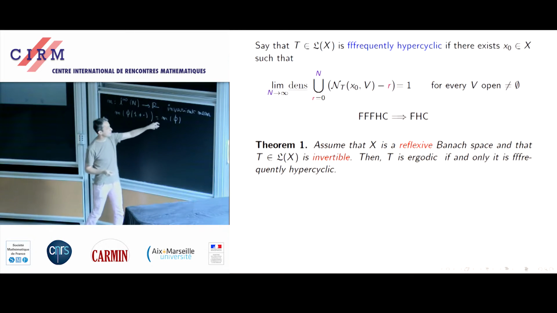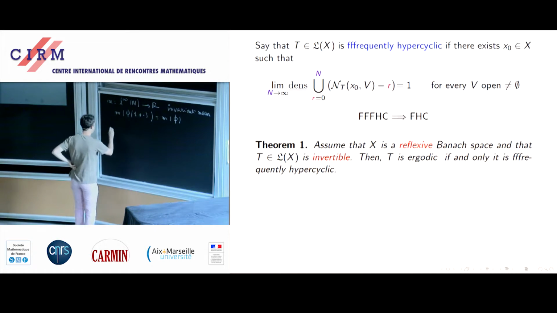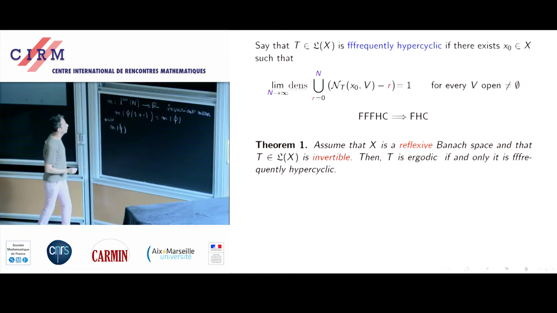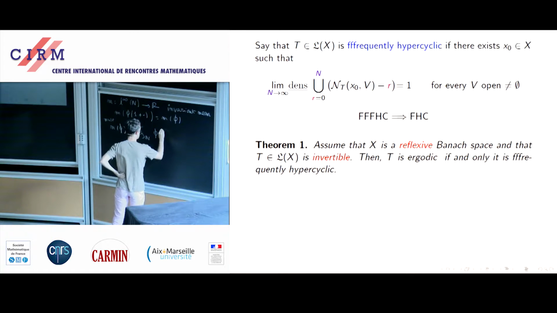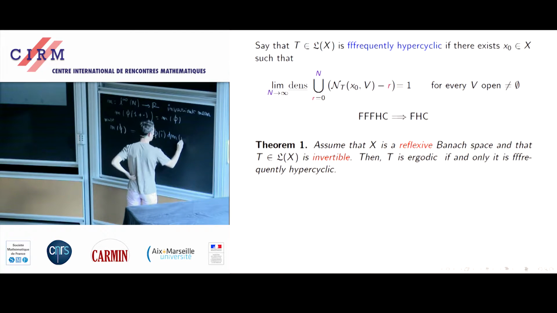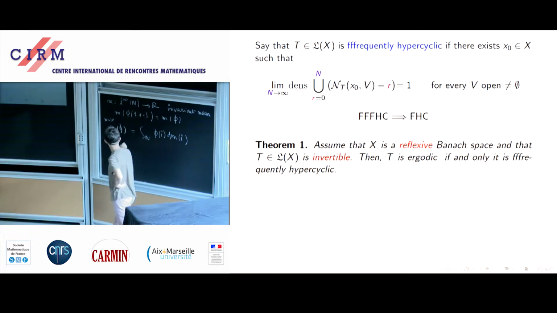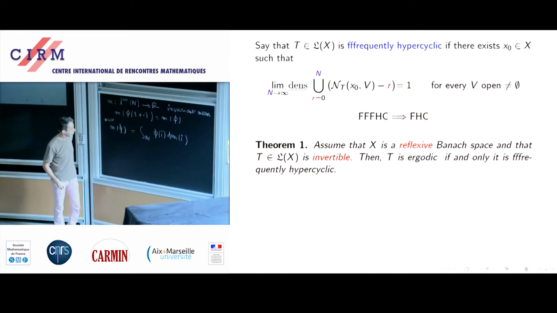Instead of writing this, I will write it differently, because after all, any such mean is a finitely additive measure on the integers. So I will emphasize this and write it in this way, which is, in a sense, more natural.